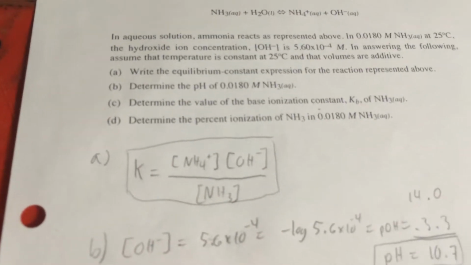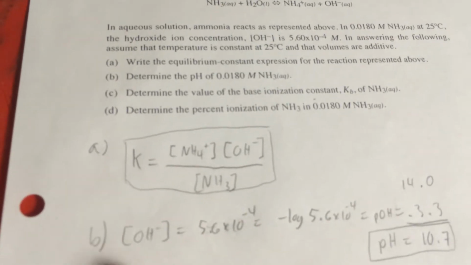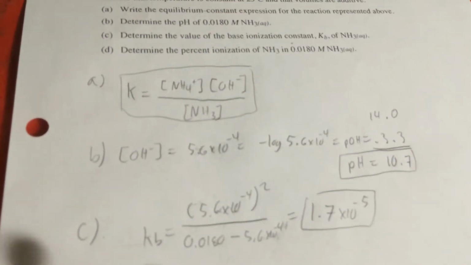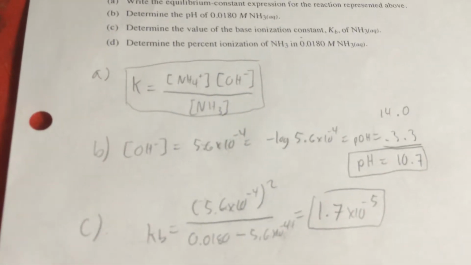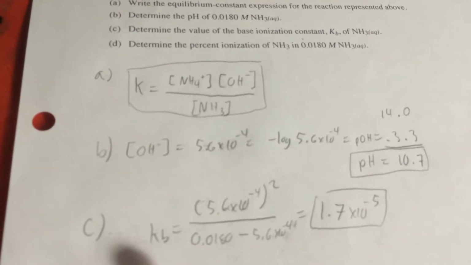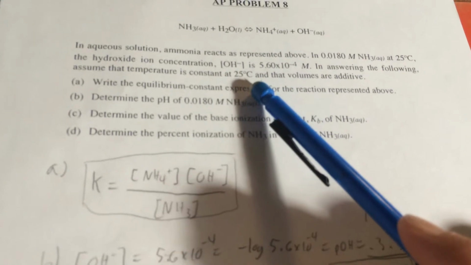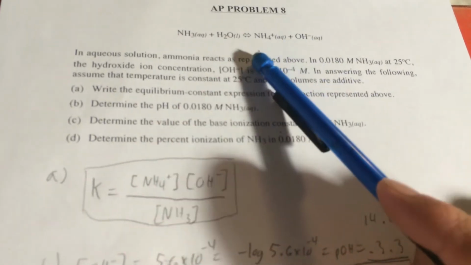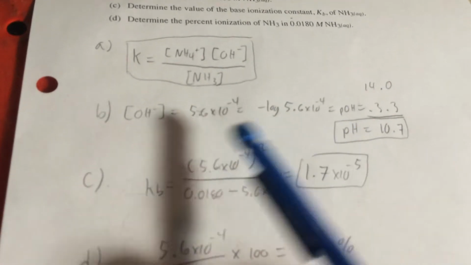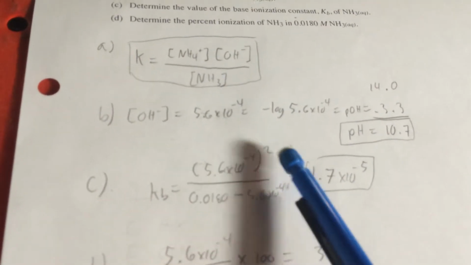For C here, we have to determine the value of the base ionization constant, or Kb, for NH3. For this, you just take the equilibrium constant expression, and as we see, the concentration of OH is also the same as NH4. Since they're the same, we plug it in and it's squared.